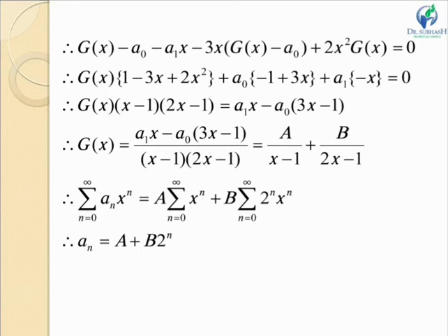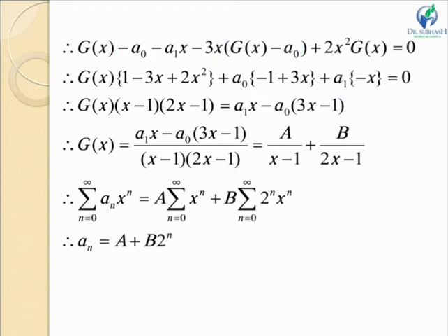So the terms of gx are gx minus 3x into gx and plus 2x square gx, and I will take here common gx. So inside the bracket the terms are 1 minus 3x plus 2x square. Now next I will take only the terms of a0, that is minus a0 and plus 3x a0. I am multiplying this minus 3x inside the bracket. So I get a0 into minus 1 plus 3x, and the last leftover term is a1 minus x equal to 0.